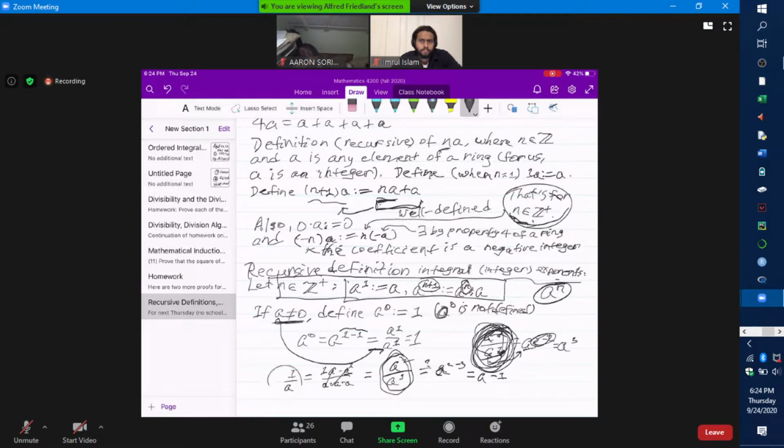So if you want the laws of exponents to be consistent, no matter what the exponents are, whether the exponent in the numerator is bigger than the exponent in the denominator or the other way around, if you want the same rule to hold, then that obliges us to define a to the negative 1 to be 1 over a to the positive 1.